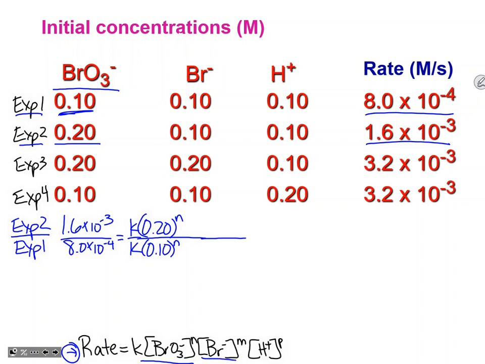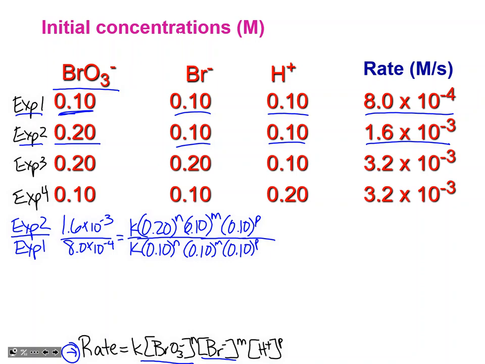So the bromide coming next would be 0.1 raised to the m over 0.1 raised to the m. And then these two for the hydrogen, 0.1 raised to the p over 0.1 raised to the p. So this would be like writing it all out and using that construct of the rate law down below.